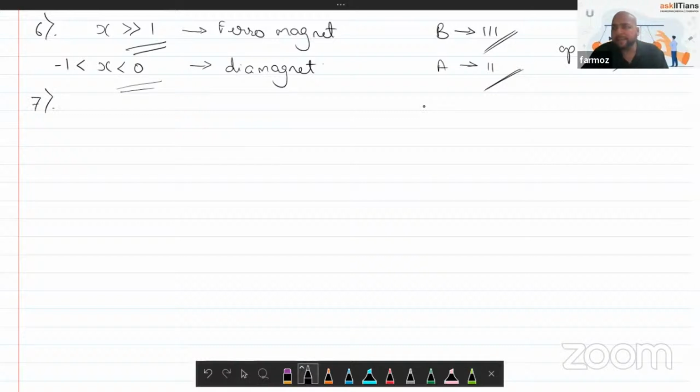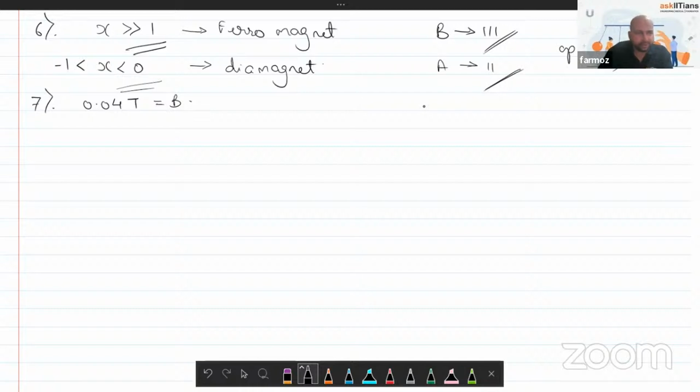Now exactly when I'm talking about this question, they have mentioned that in a uniform magnetic field of 0.049 Tesla, a needle performs 20 complete oscillations in 5 seconds. It means that the number of oscillations is 20.